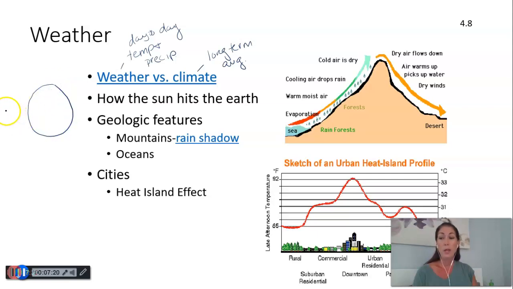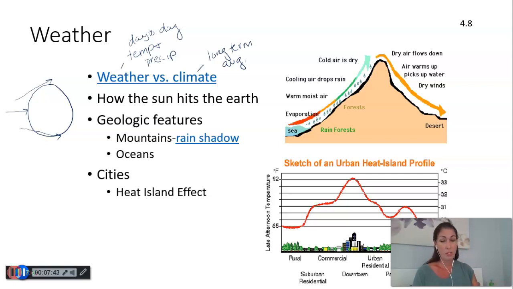If you're at the equator, you get a more direct sunlight angle, so you're warm all the time. At the very northern regions, the sun hits at a very oblique angle, so it never is going to be very warm in our polar regions. And then you'll have your intermediate climates in between.